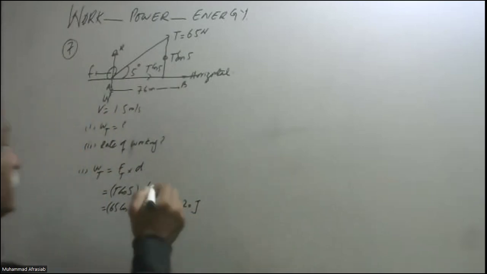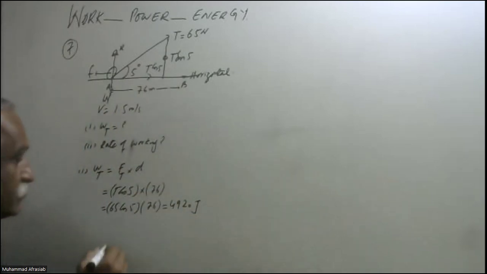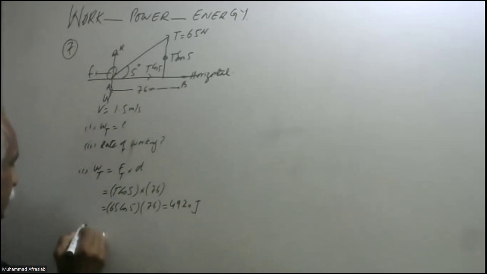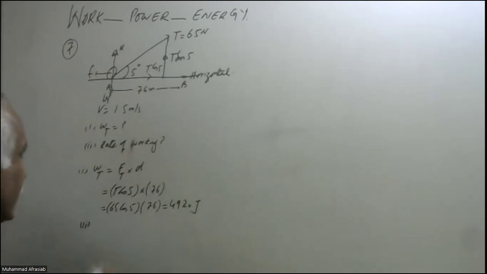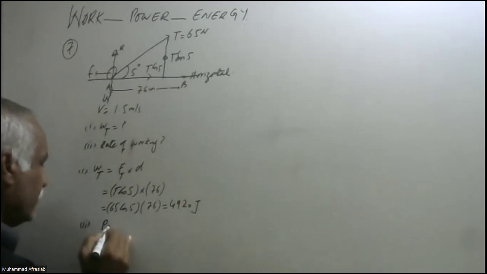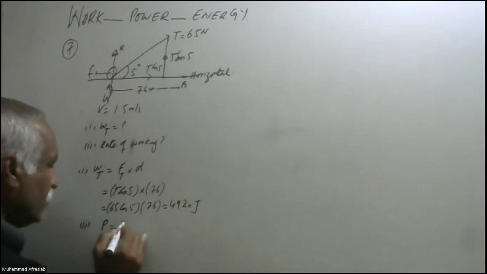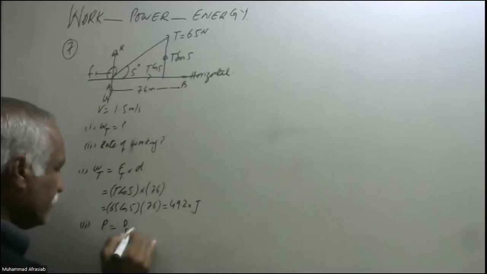For the second part, rate of work done. Rate of work done means what? Power. So power is equal to driving force into velocity.